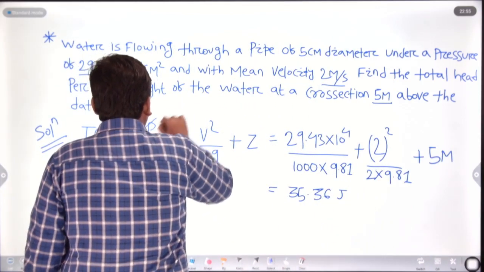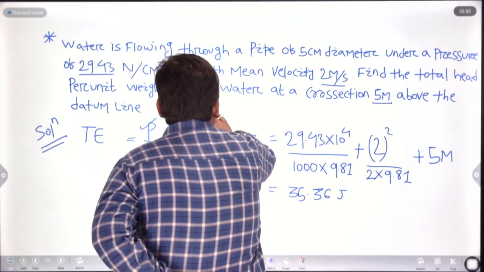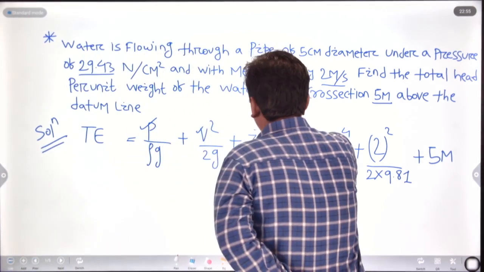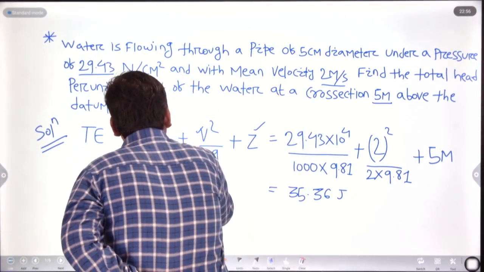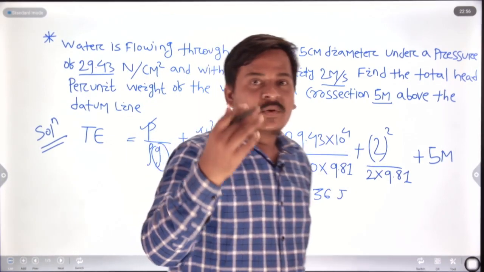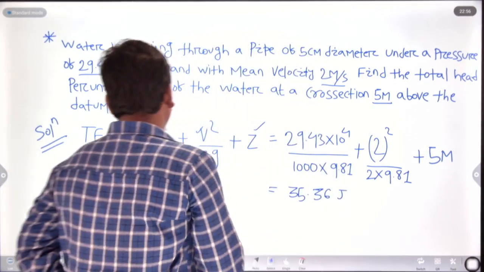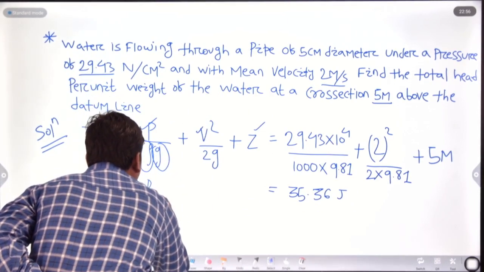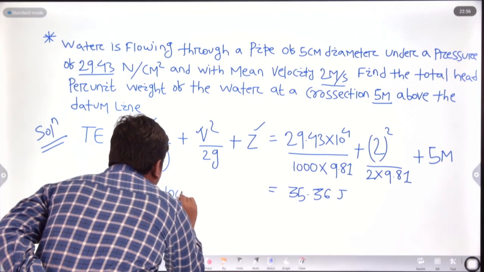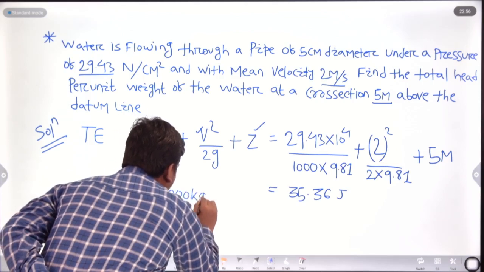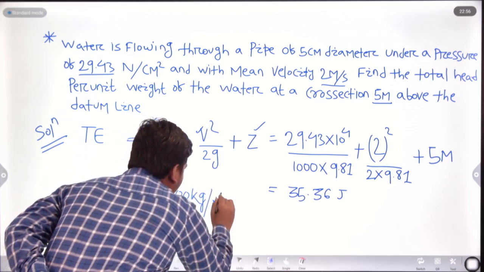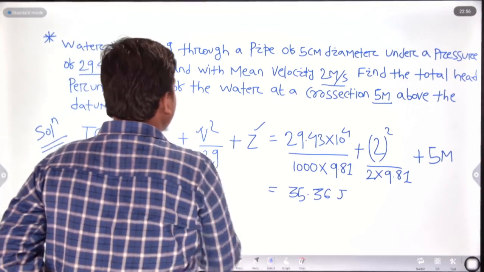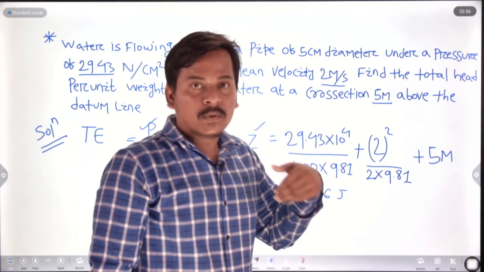We know the pressure value, the mean velocity and the datum head, and we also know the acceleration due to gravity g, and for water rho is equal to 1000 kg per meter cube. By this method we calculate the total energy.